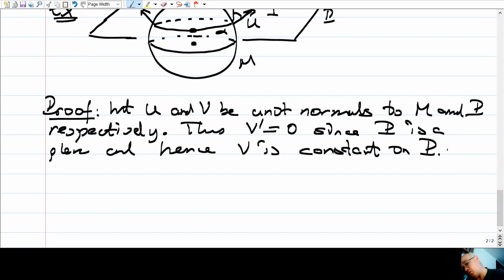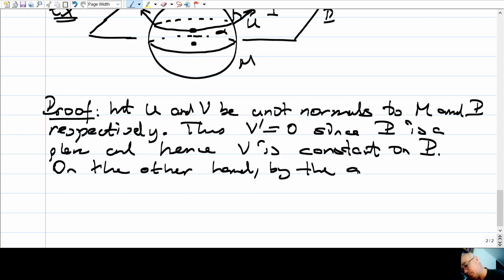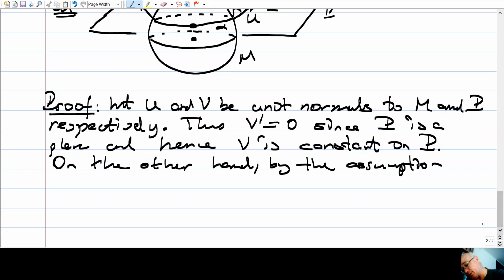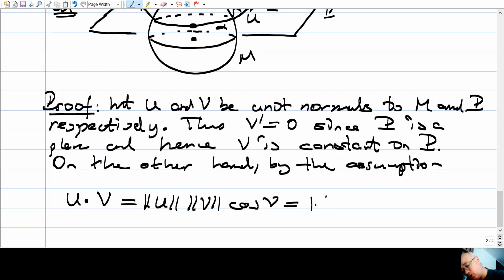On the other hand, by the assumption the angle between u and v is constant, therefore this inner product is constant, because it is the norm of u times the norm of v times the cosine of the angle between the two, but these are unit vectors and the angle is constant.